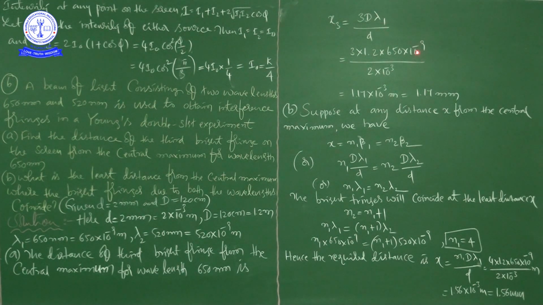Capital D is 1.2 meters now. In the question they have given it in centimeters, so we converted into meters, that is 120 centimeters equal to 1.2 meters. Similarly small d, 2 millimeters is equal to 2 into 10 to the power of minus 3 meters.